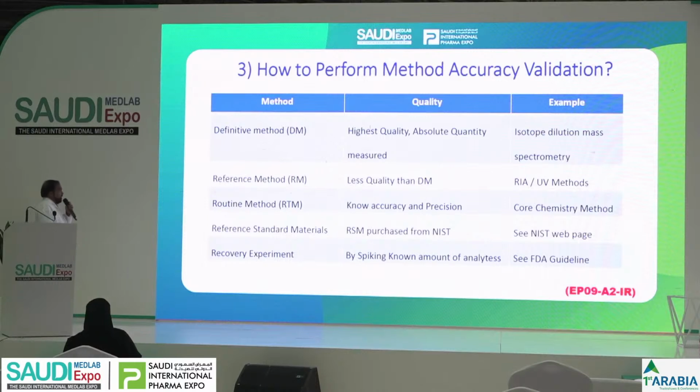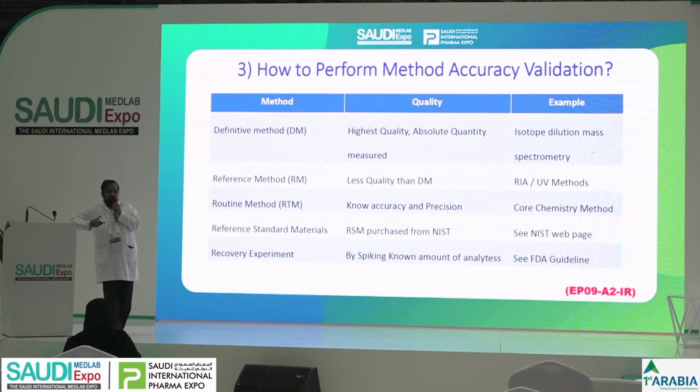So the definitive method is the method which is measuring the absolute quantity. What does it mean by the absolute quantity? The quantity which is itself not depending on anything. And there is only one thing, which is the mass. The mass of the analyte, the weight of the analyte, the molecular mass of the analyte, or if it is an atom or an element, then in that case we say the atomic mass of the analyte.